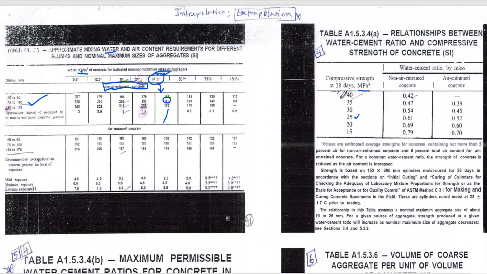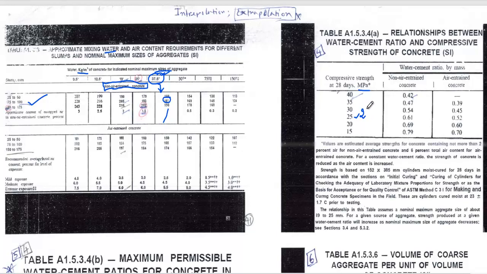Okay, so on the 28th day we need 24 megapascal. What is our expected value? I think the expected one is 24. 24, right?